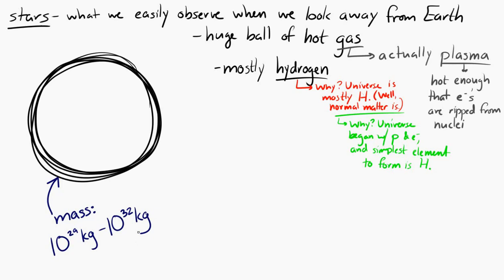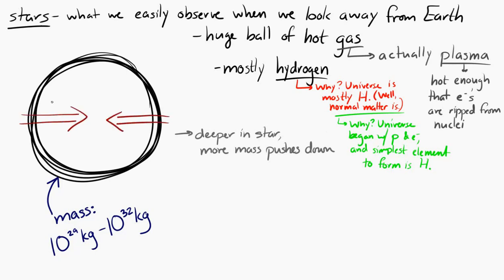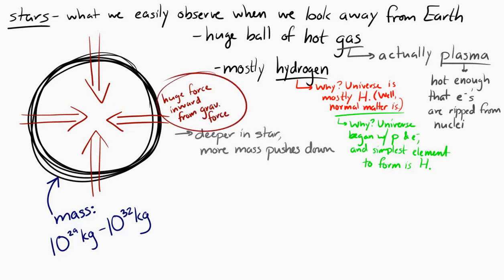Now, the deeper you go in this huge ball of mass, the more mass is pressing down on the star at that point. So deep in the star, there's a huge amount of force downward from the mass that's above it. There's a greater inward gravitational force the deeper you go. So at the center, in normal stars, the pressure is great enough to actually fuse hydrogen nuclei together.